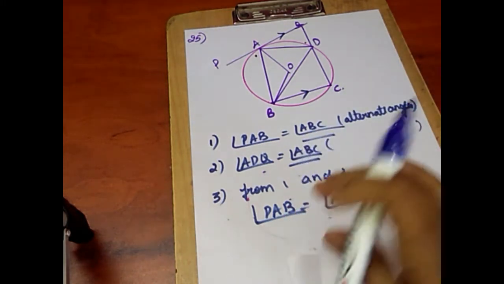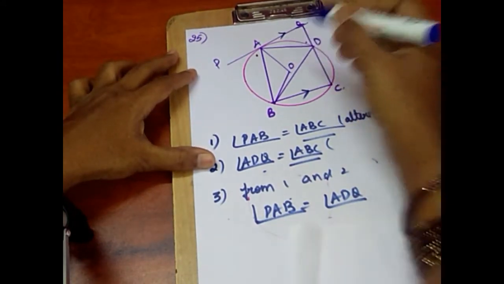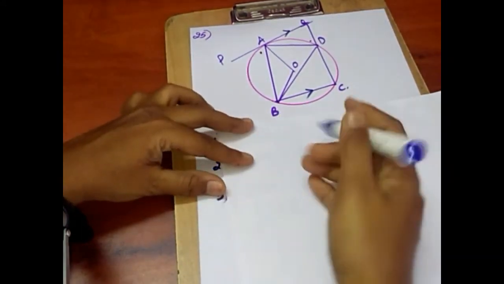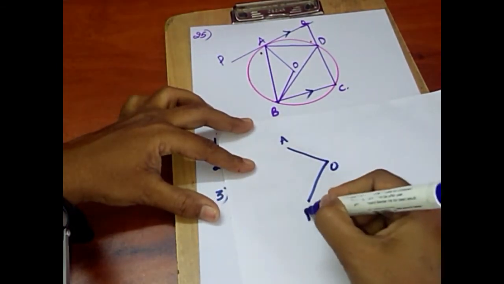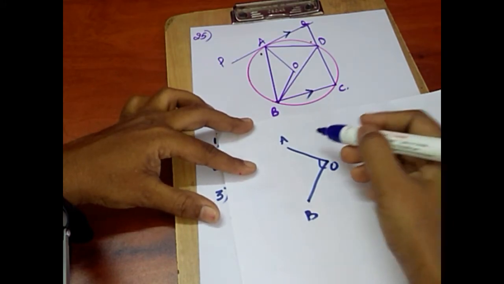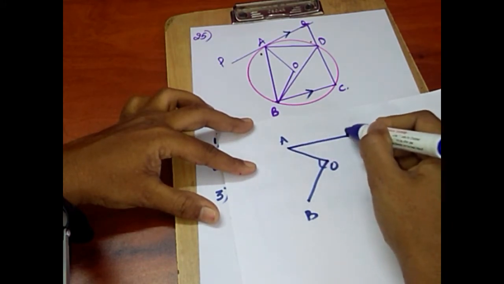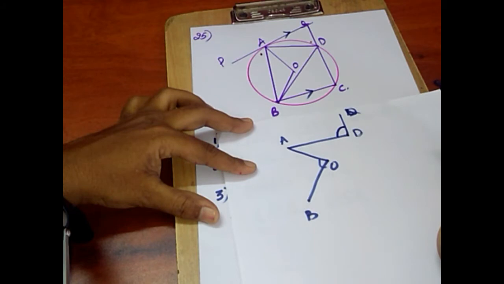Now the second sub question is angle AOB. This angle, so let me draw it here. Angle AOB is twice the angle ADQ. Now I need to prove that angle AOB is twice the angle ADQ.